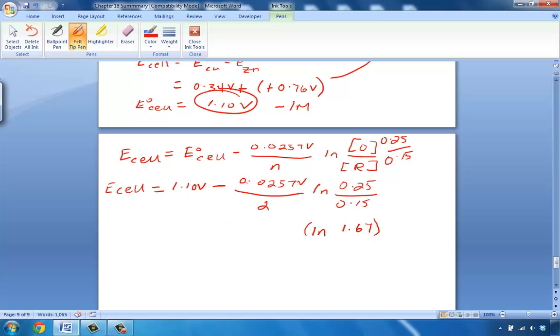And I'd like to simplify 0.0257 divided by 2, which gives 0.01285. Then 1.10 volts minus the product of these two would finally give me what E of the cell would be under these non-standard conditions according to the Nernst equation. So 1.10 volts minus the product of 0.01285 times the ln of 1.67.